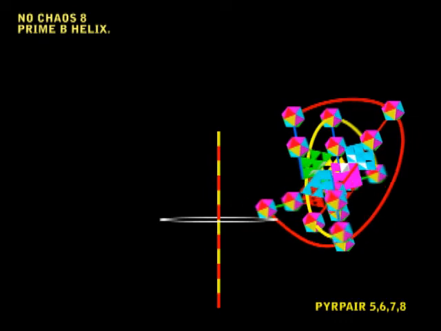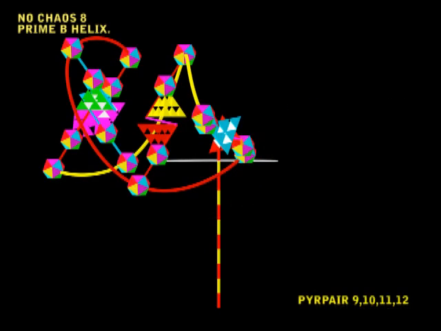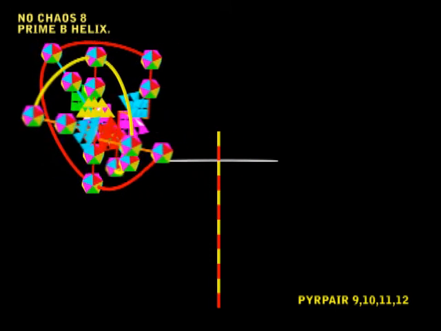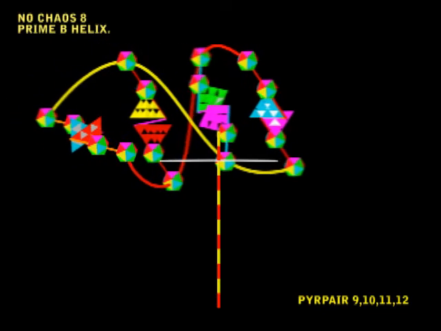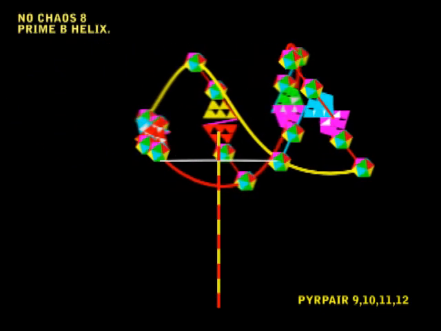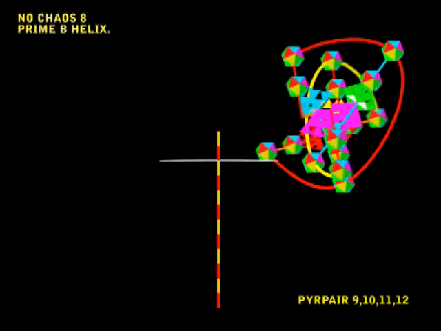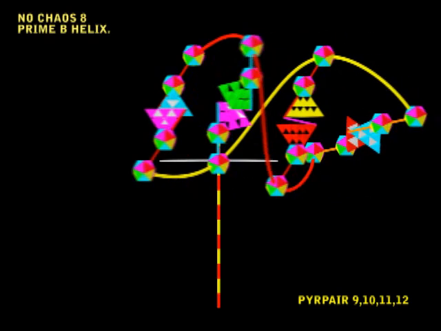Okay, so now we can bring in PYRPAIR 9, 10, 11 and 12. And as it's moving around, you can see that we have a third red and yellow PYRPAIR. These 3 red and yellow PYRPAIRs, 2, 5 and 10, all match up to the red and yellow vertical vector in the center.